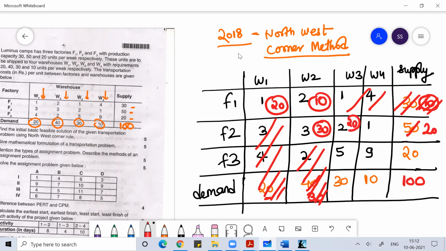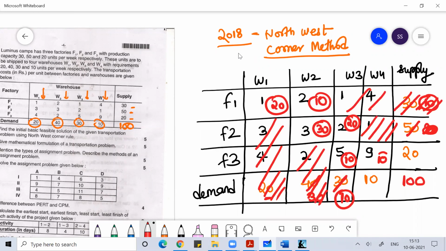You put 20 here, this becomes 10. This was 20, this is done, so 10 is left, which you put here.